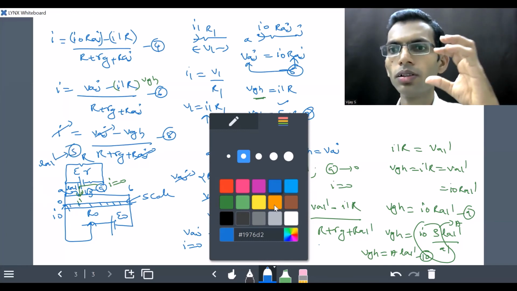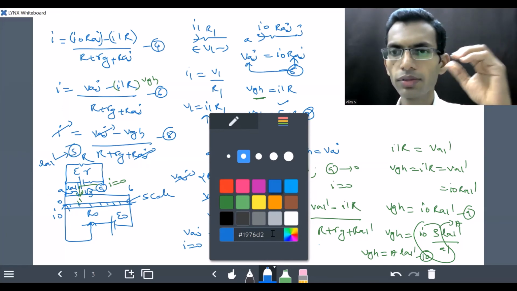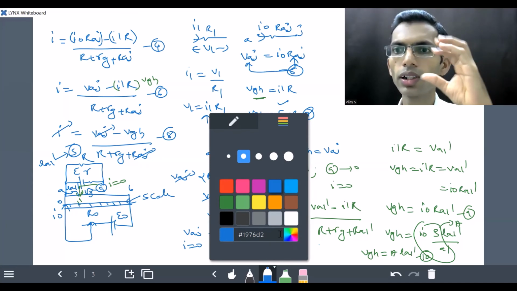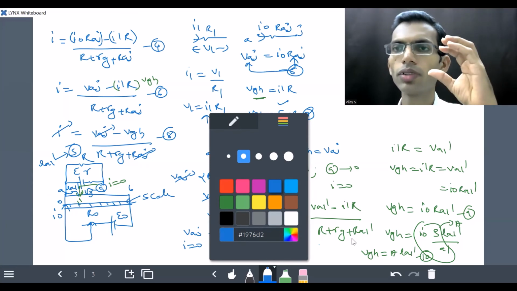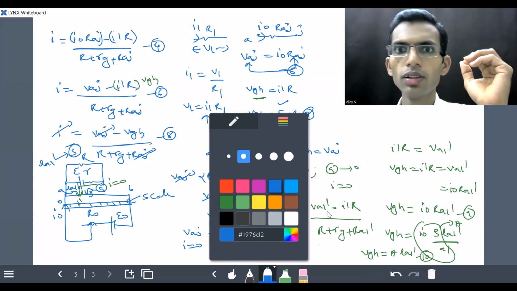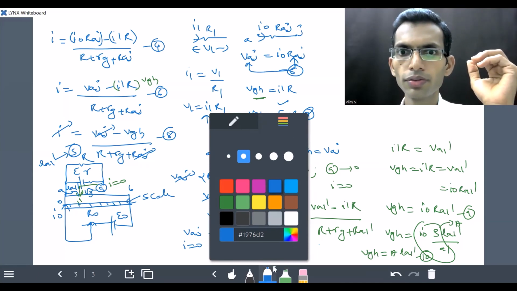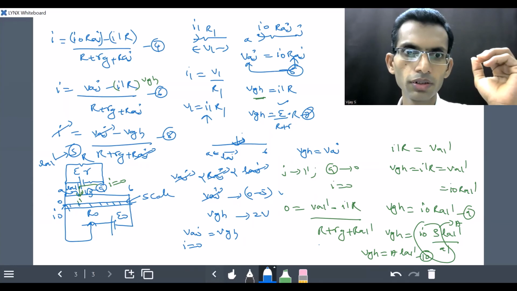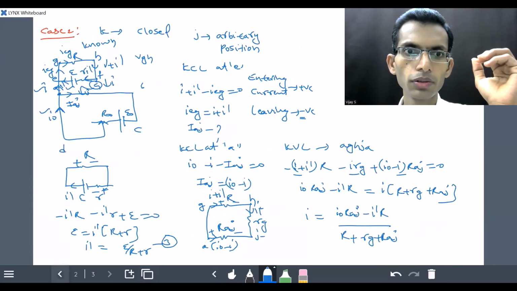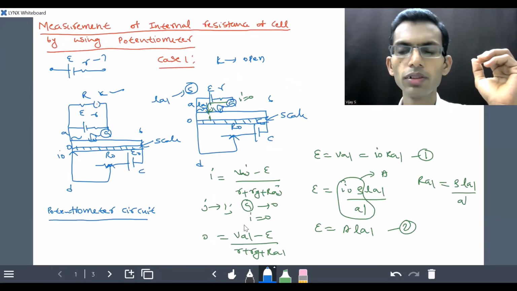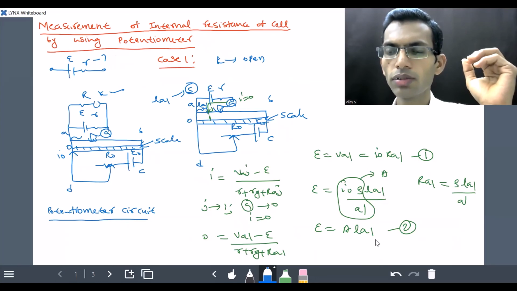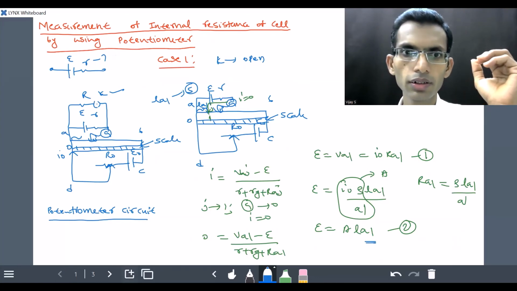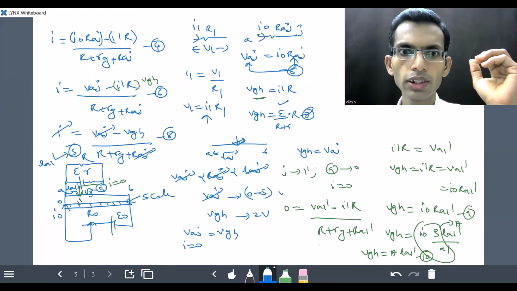Right. So we have now two results from case 1 and case 2. We have expressions for the EMF and the potential difference across the cell. We also have the seventh equation, VGH is ER by R plus r. So let me show you the equation of case 1. So this equation 2 we can take, and now equation 10 is there with us.